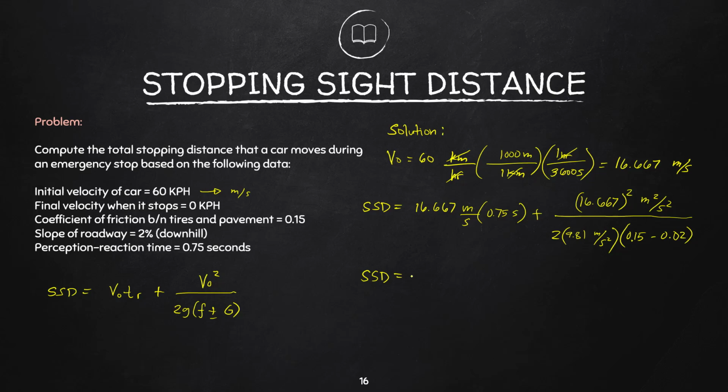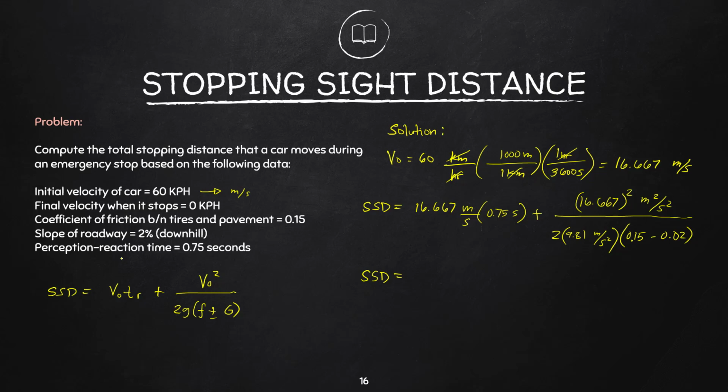This would be 16.667 times 0.75. Again, if your perception reaction time is not given, you should use 2.5 seconds. But for this one, the driver is alert. It was given to be 0.75 seconds.